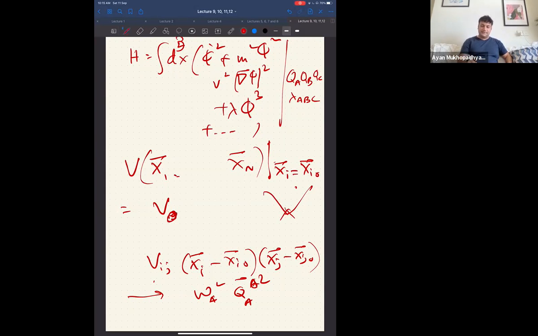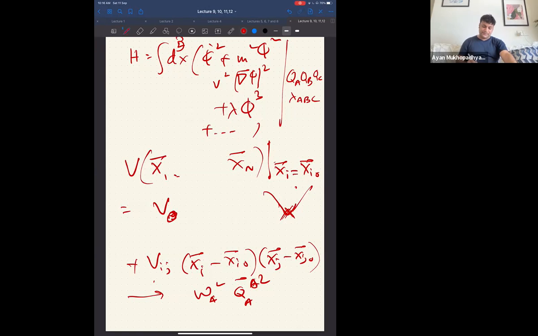The first term is simply the minimal value, and because it is a critical point, there will not be any linear term, right? You take a function of n variables and expand it around its critical point. The next term will be V ij times (xi minus xi naught) times (xj minus xj naught), and this is something I can now diagonalize.